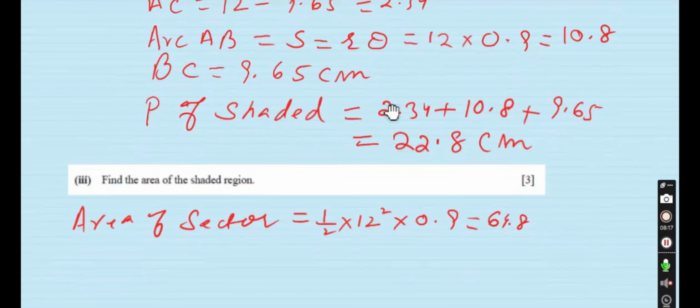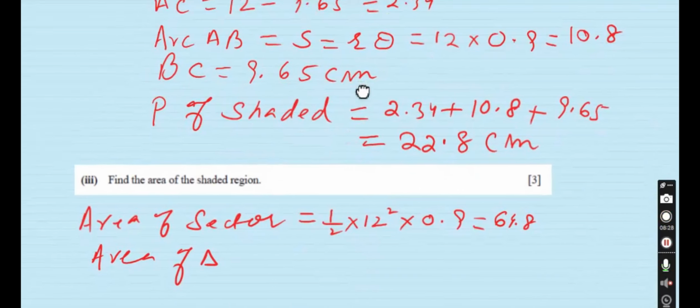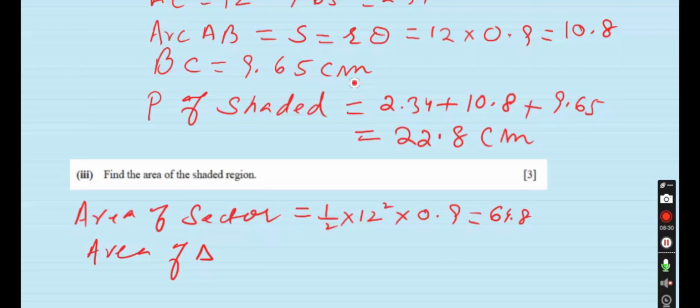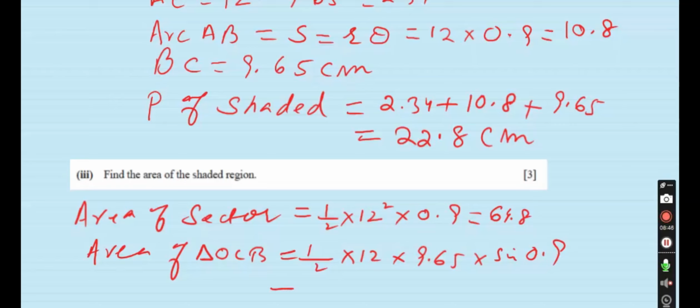So for the area of triangle, we have to use the formula: area of triangle OCB equals half into first side, that is 12, into second side, that is 9.65, into sine of 0.9. Your calculator must be in radian mode. You will get the answer 45.35 centimeter square.